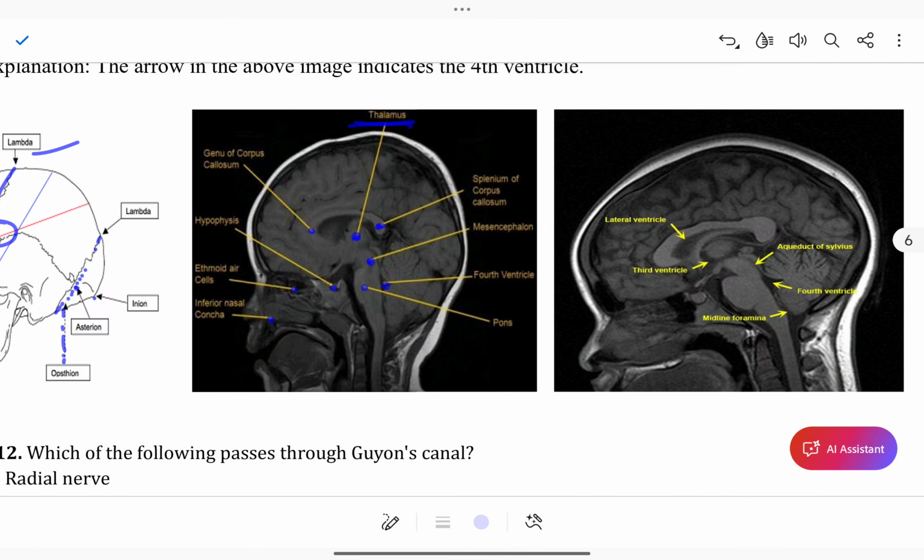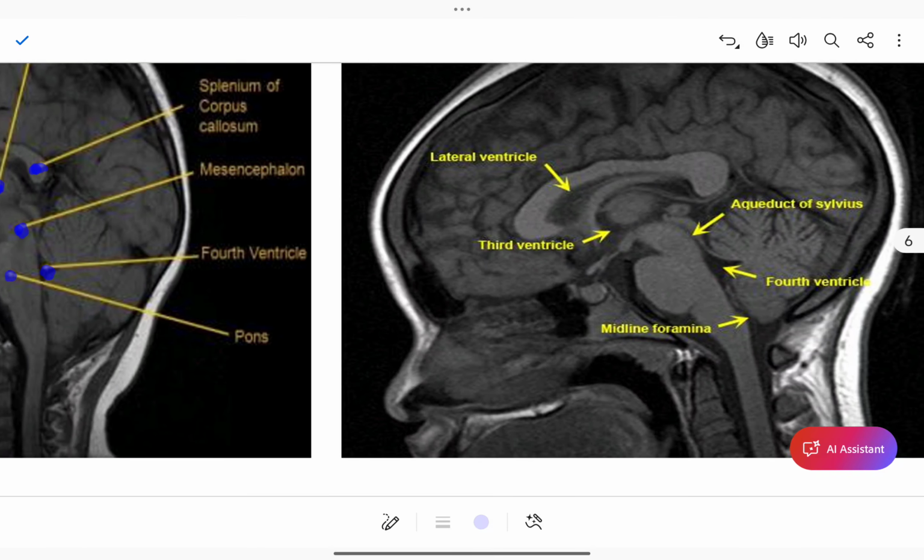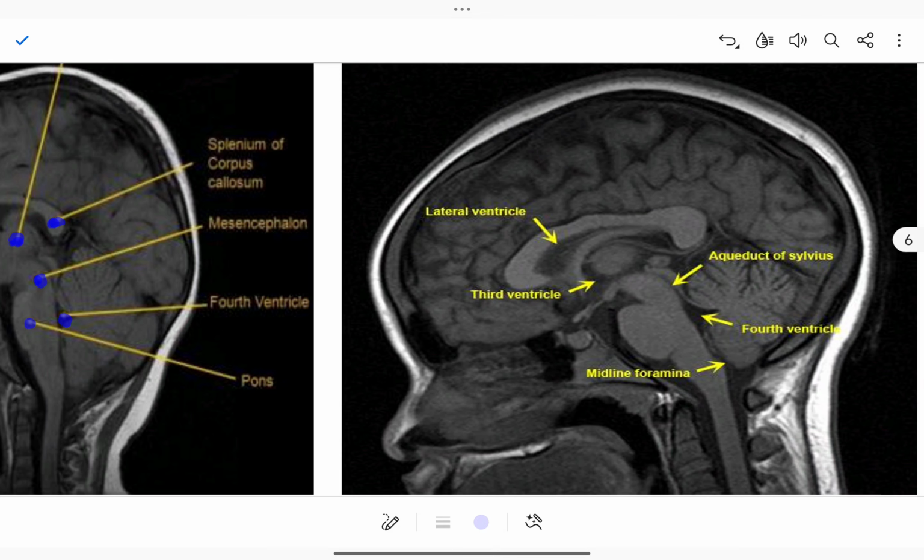Come to the very clear picture. This picture is very clear, given in our question. This part is the fourth ventricle. This part is the aqueduct of Sylvius. This part is the midline foramina.